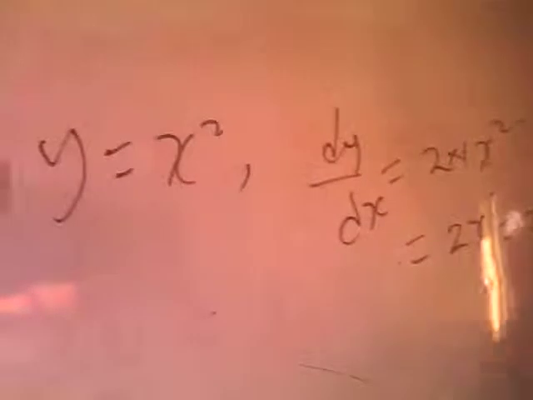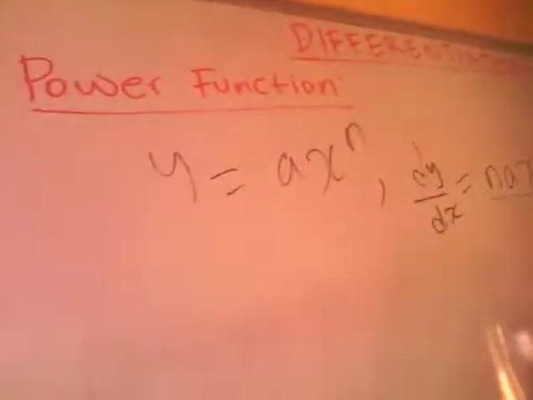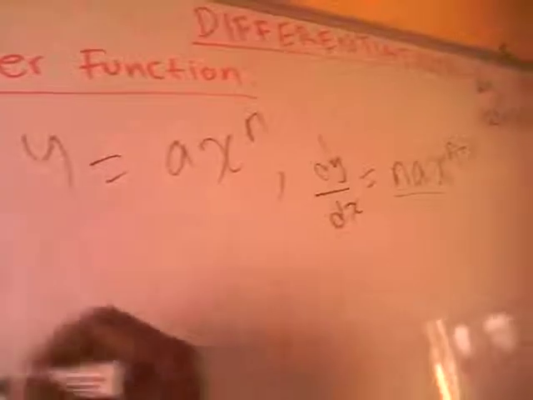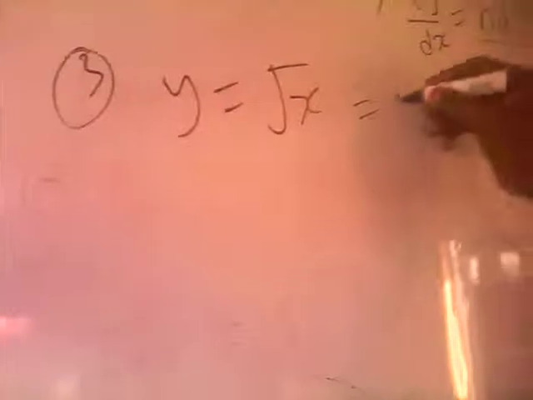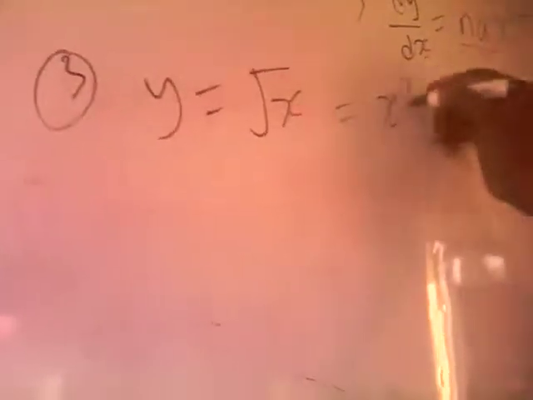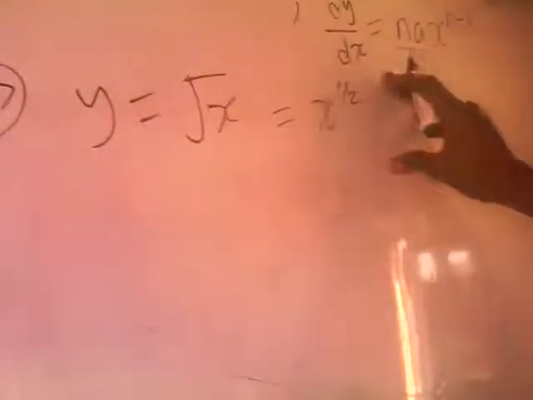We try as much as possible to consider as many examples as we can within the space of limited time. Let's say we have another situation where y is root x. It becomes very easy for us when we rewrite the function as y equals x raised to power half. That's from indices. When you are finding the square root of any variable, you can raise the same variable to 1 over 2.